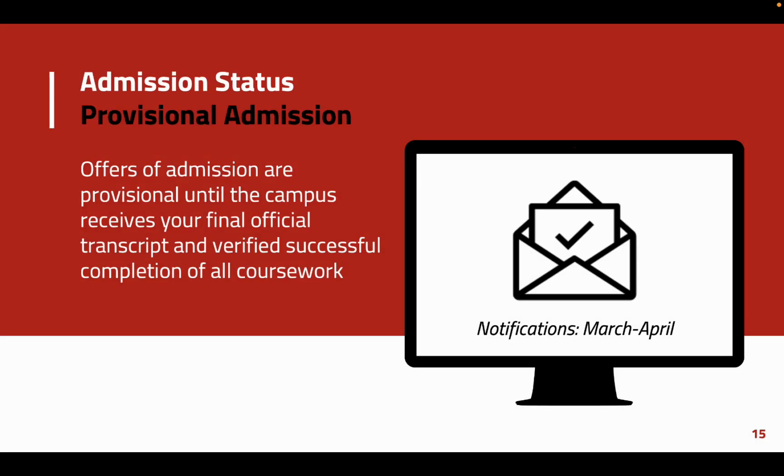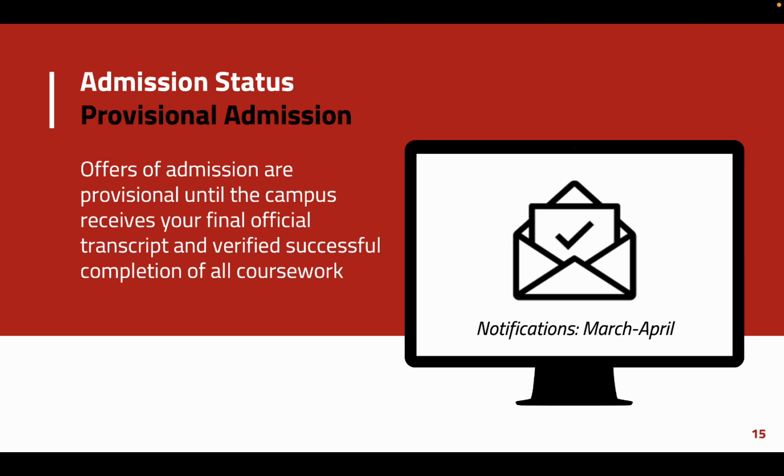When you're admitted to a Cal State, it's going to be a provisional admission, also called a conditional admission. So basically, when you're offered admission, it's provisional until the campus receives your final official transcript and they've verified that you've successfully completed all of the coursework.